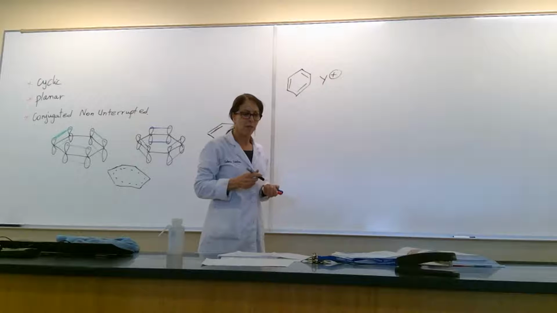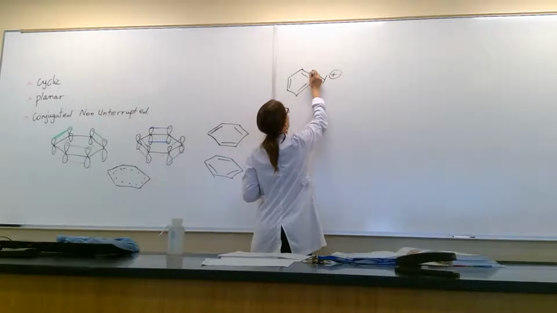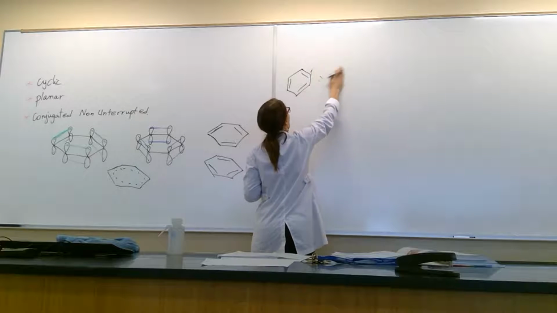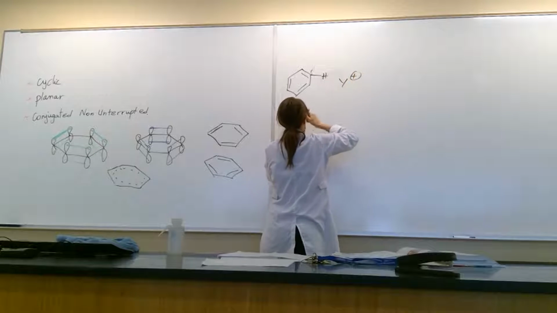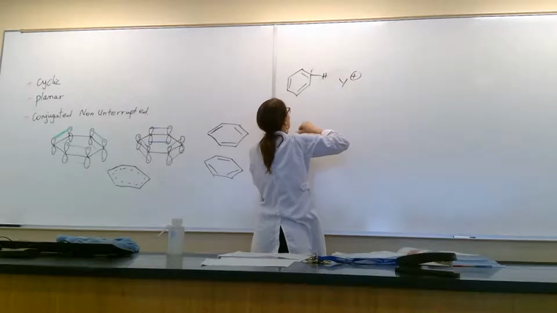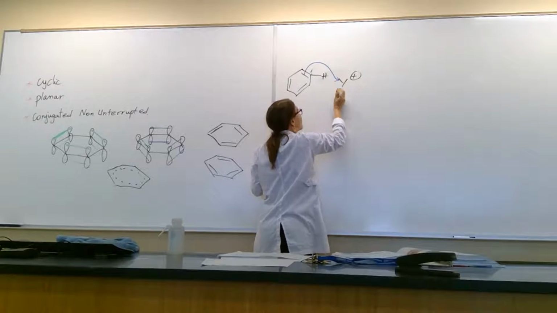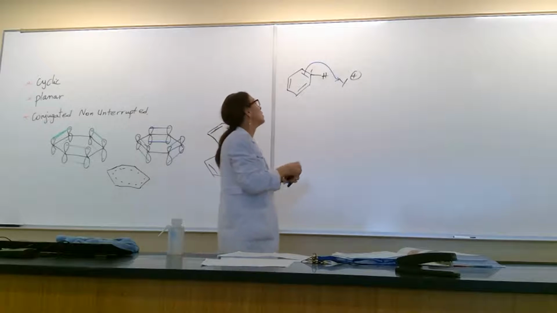you might think it will add. So I'm just going to put here a hydrogen. So you know that there is a hydrogen right here. And I'm going to put Y+. So the possibility would be a pi bond attached takes the Y+. Okay?